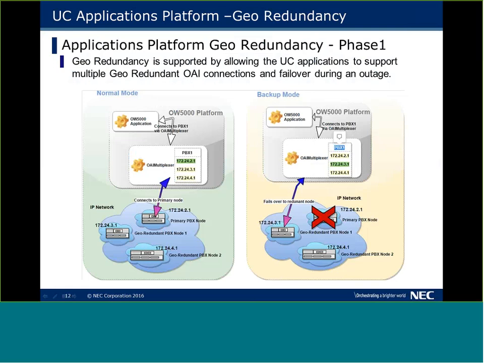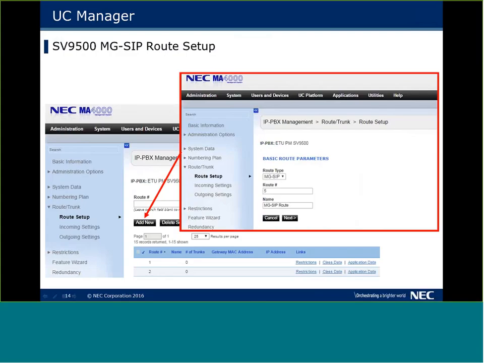It's an automatic re-registration. It sees the failure and will automatically register to one of the other geo nodes. And same goes for the phones. The phones will be set up in such a way that should that primary node go away, they will re-register to the redundant node or the backup node.